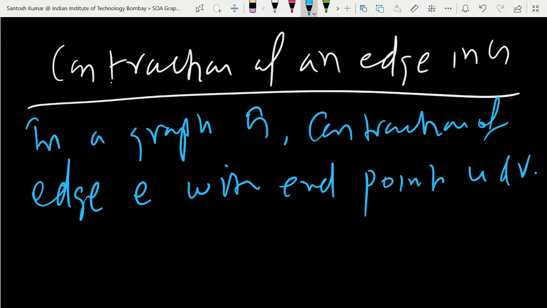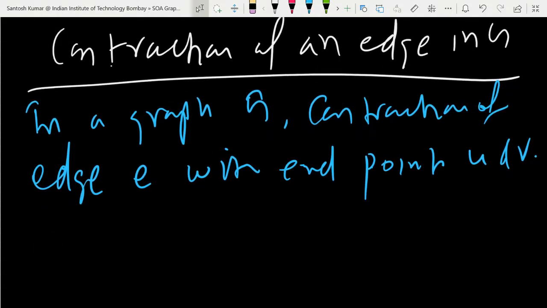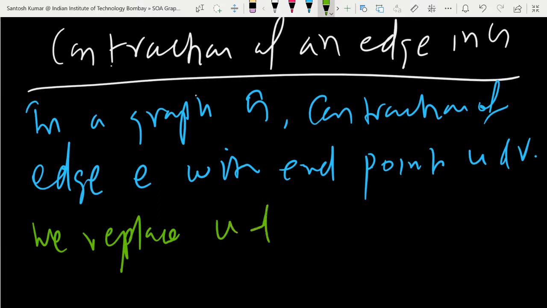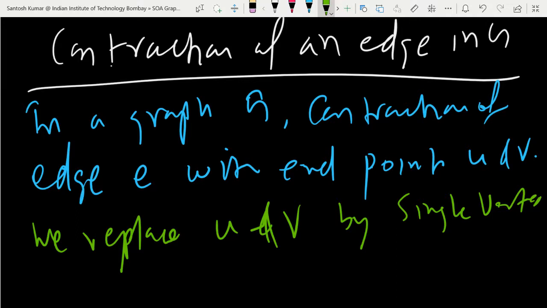So there is an edge e in the graph which has endpoints u and v. What you do is replace u and v by a single vertex. Like we shrink that edge to a vertex.